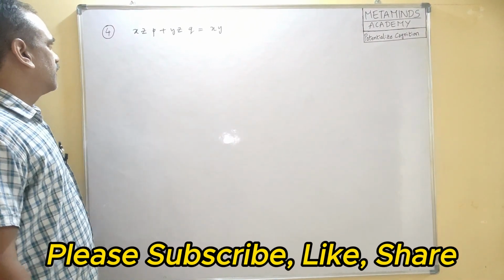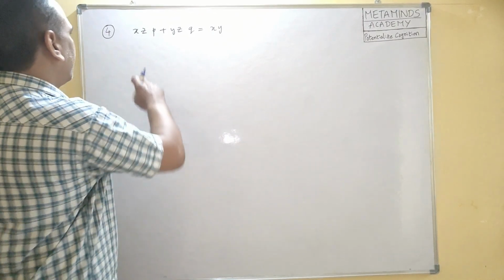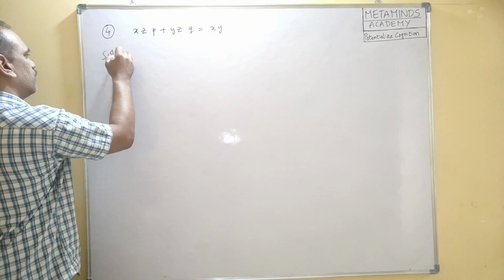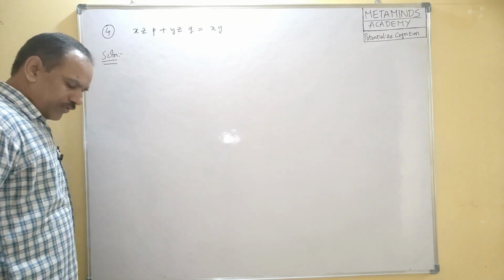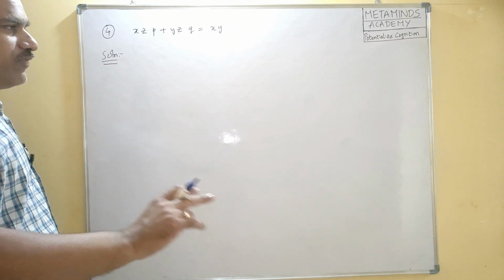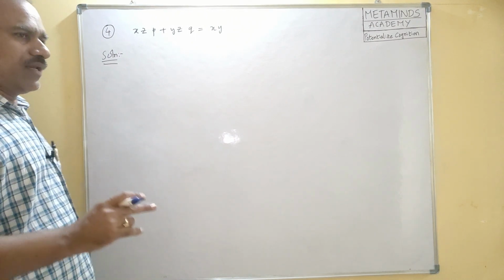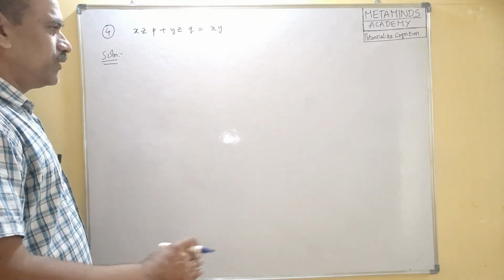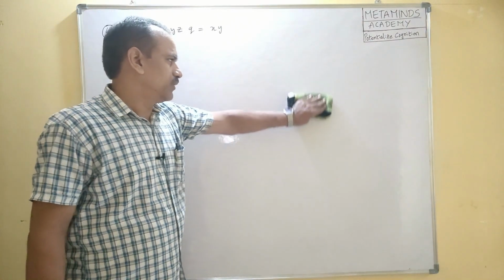Now let us take the problem xzp plus yzq equal to xy. So how do you solve this? See, in partial differential equations, every problem is different. Though there is an algorithm to solve the problems, every problem is of different type.